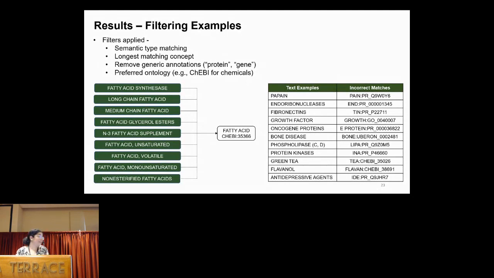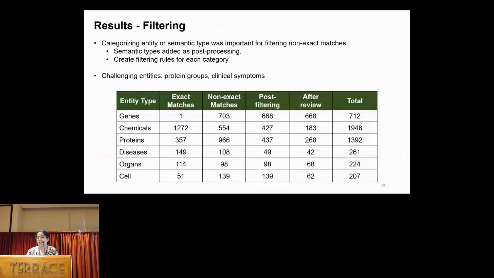And these are examples of these 9 fatty acid related concepts that were actually mapped to that fatty acid concept as a non-exact match. And then a couple of incorrect matches as well that we later manually reviewed. So after the filtering step, all of the matches were manually reviewed to see what the drop in number of concepts matched would be and how this would affect the knowledge graph later on.